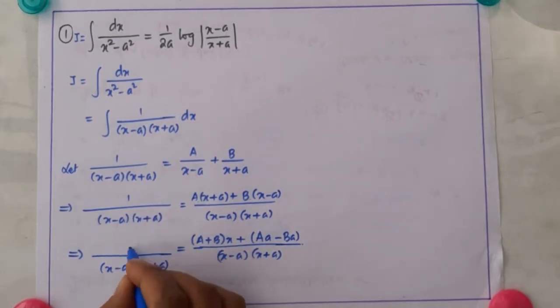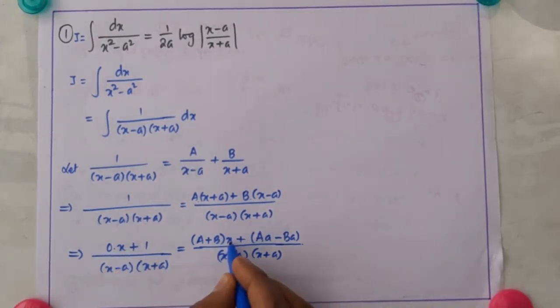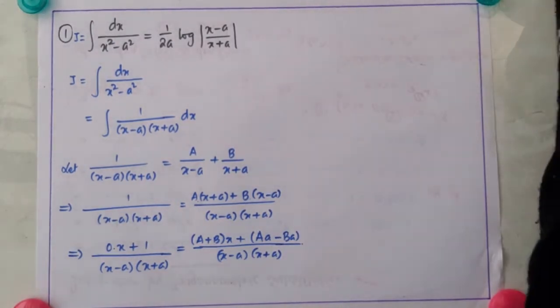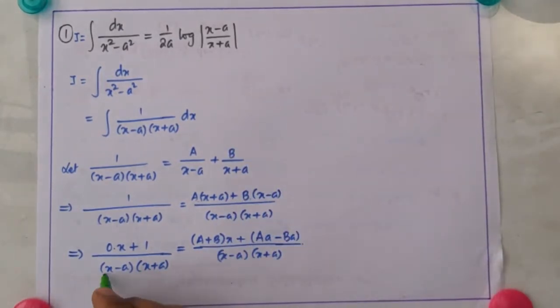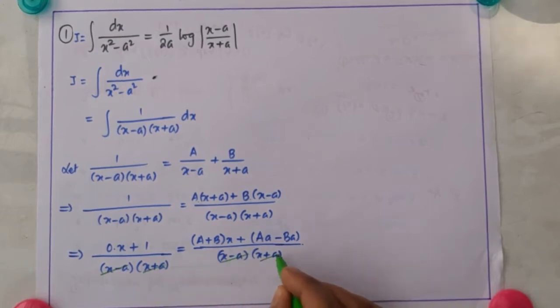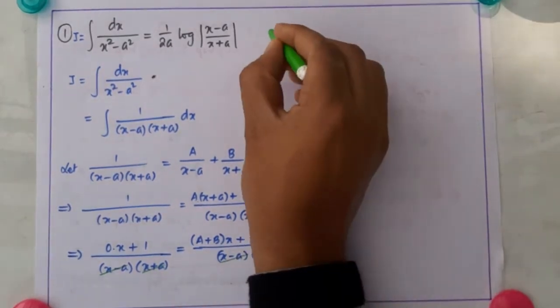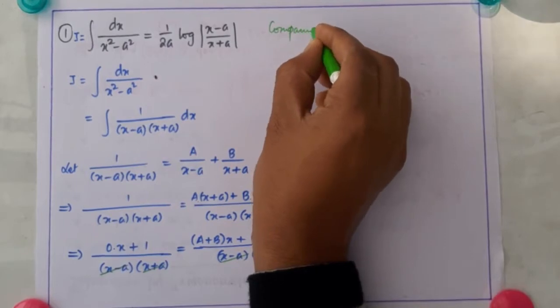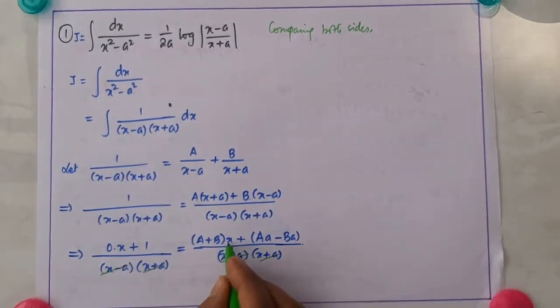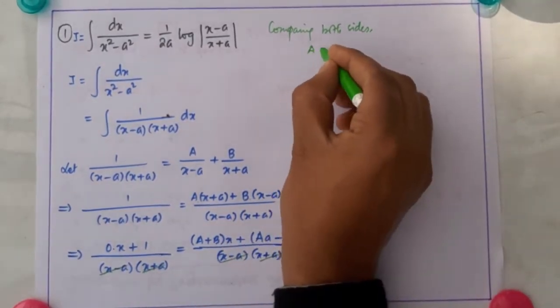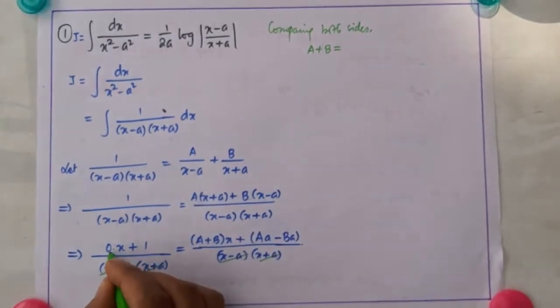Now you know this 1 can be written as 0 into x plus 1. Now why have I done that? Because I want to make an x term also, because we have got an x term here also, isn't it? So the same thing I am going to do here. Comparing both sides, you see that the coefficient of x here is (A plus B), and the coefficient of x here is 0, isn't it?